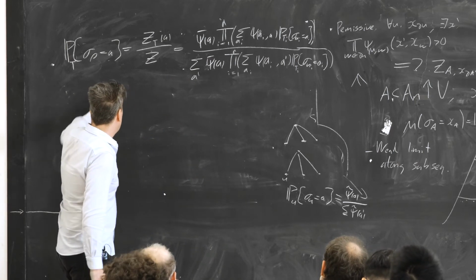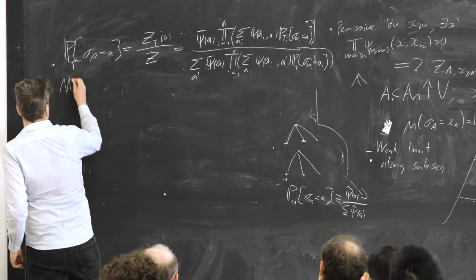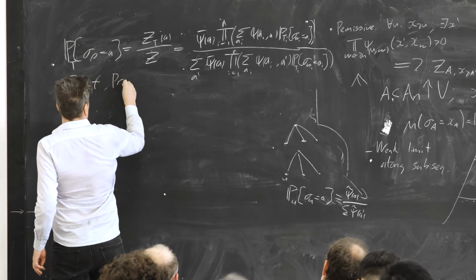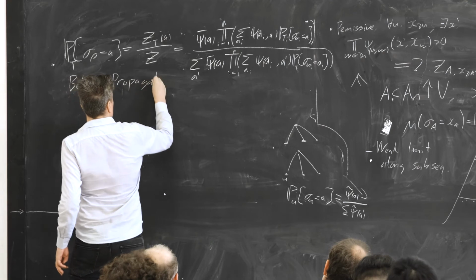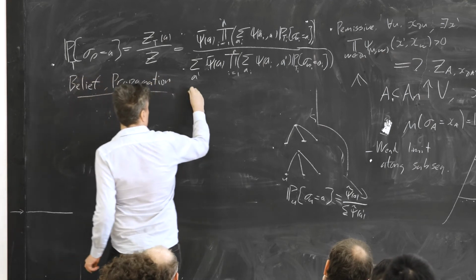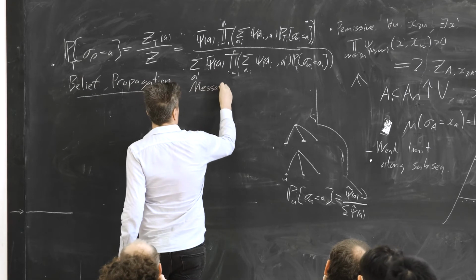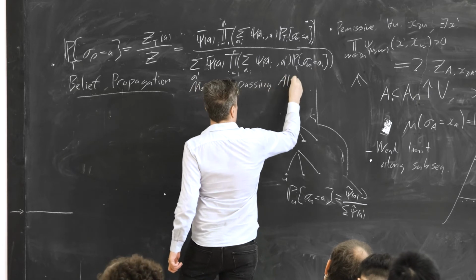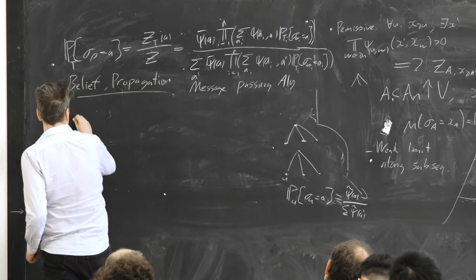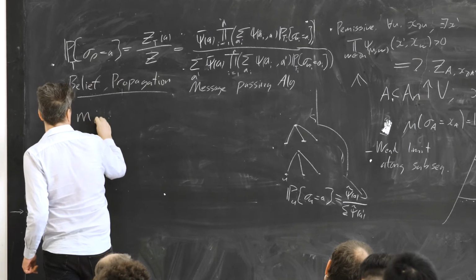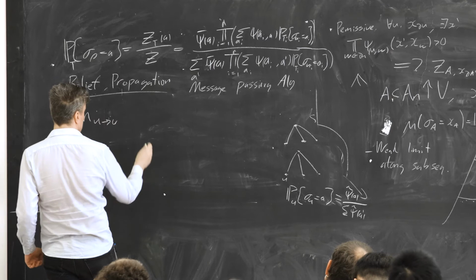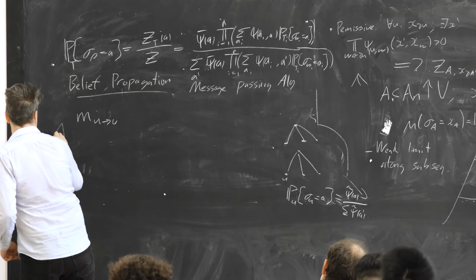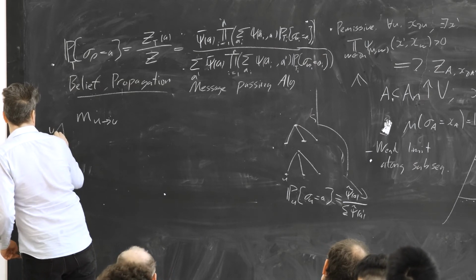Another way of writing that is in terms of what's called belief propagation. This is what's called a message passing algorithm. And so we define the message from a vertex u to a neighboring vertex v. Let's say u is here and v is here.